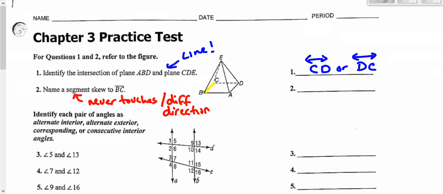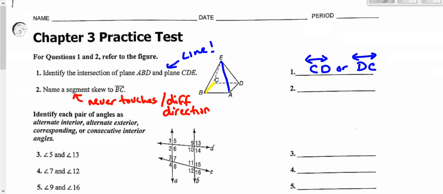So does AB. But notice here we have EA. That's another one we want to consider. In EA, the question would be, will it ever touch, or does it go in different direction? And the answer is it will never touch, and it does go in a different direction. So this is the line we're after. The other line to consider would be this one here, AD. But AD won't touch it, but it is parallel to BC.